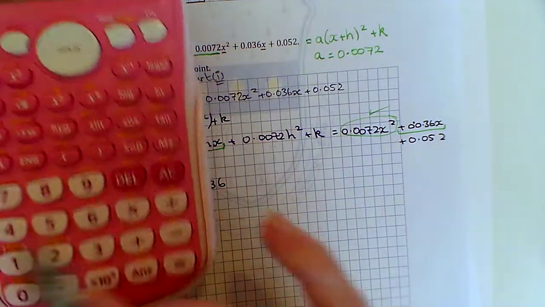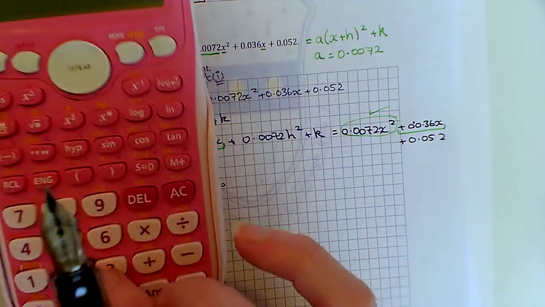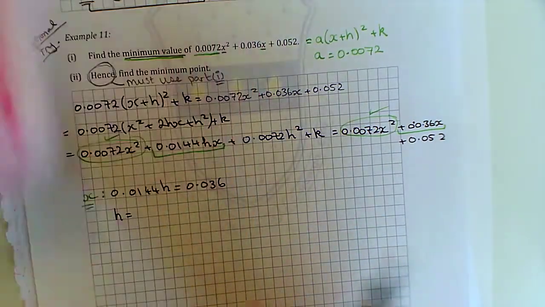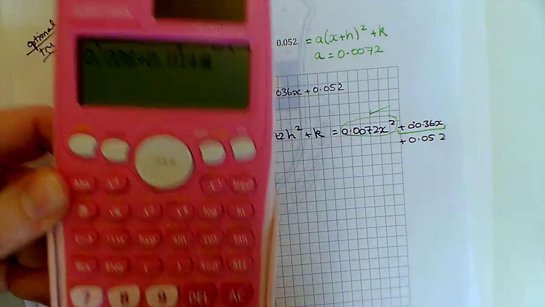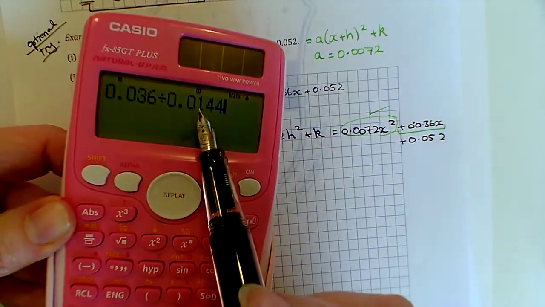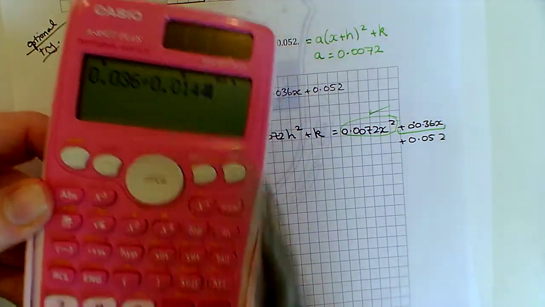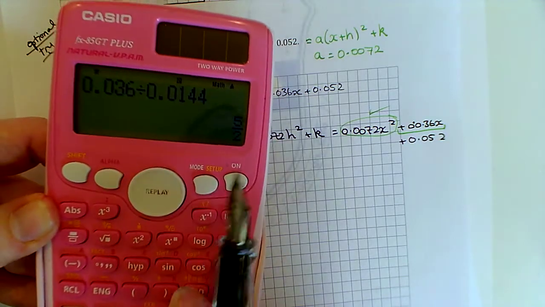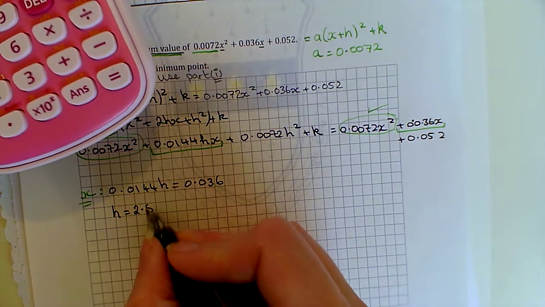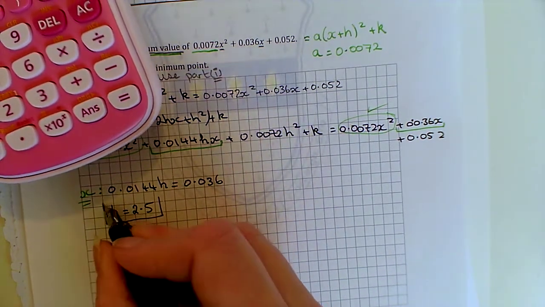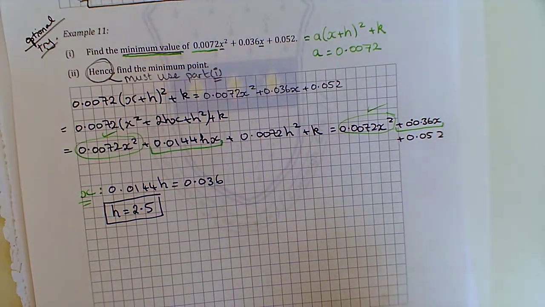This divided by the coefficient, 0.036 divided by 0.0144. You notice here, if you're not looking at the zeros, these are multiples of 12 in here, so we think it's going to work out nicely. It did, 2.5. So we'll start to feel a little bit happier when we get nice, neat numbers like this.